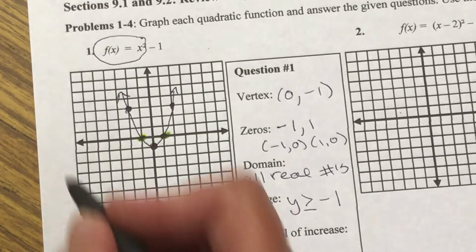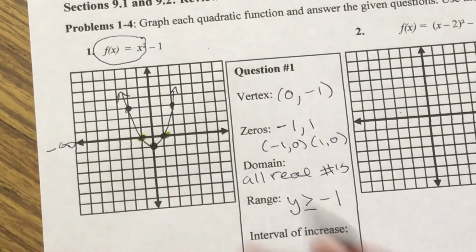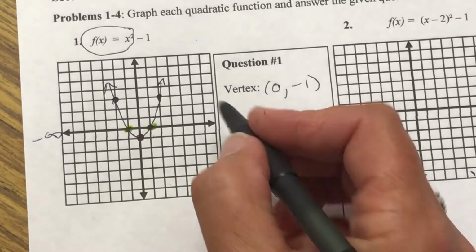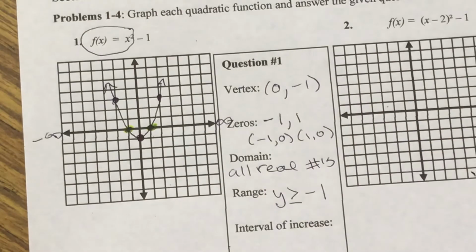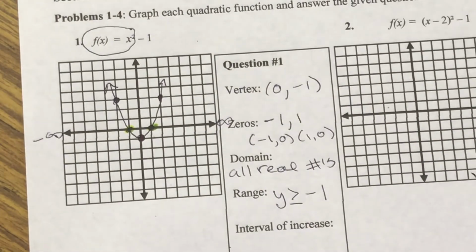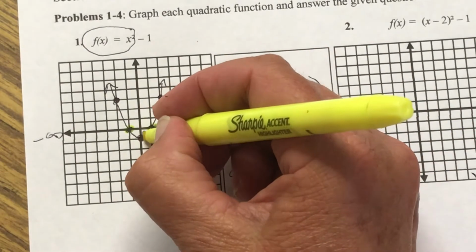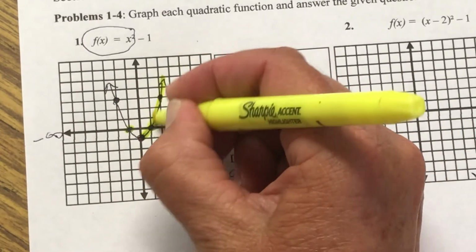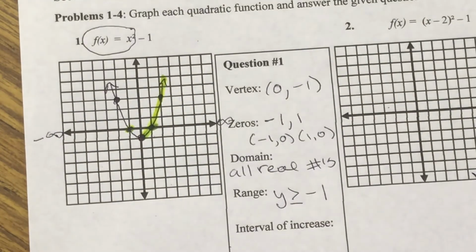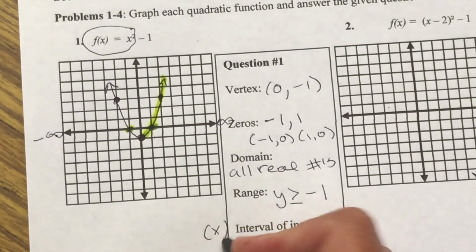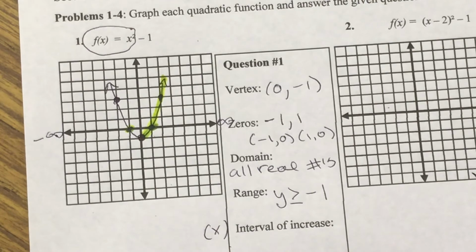So we know that negative infinity is on this side. We know that positive infinity is on this side. And we want to know the intervals of increase. Well, intervals of increase are from here up. So we want to know our x values for our intervals of increase.